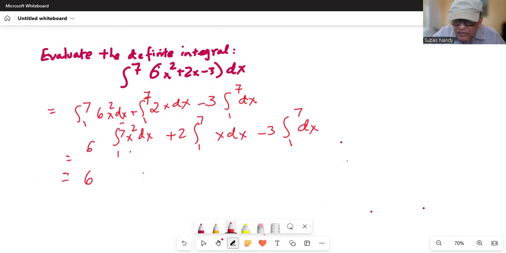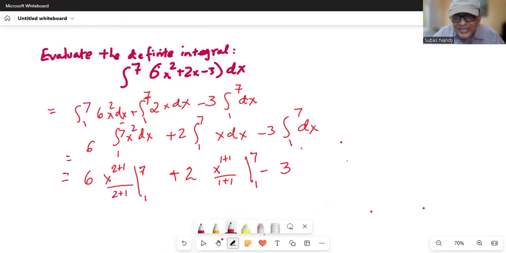So the first term will be 6 times x^(2+1) divided by 2+1, and the limits are from 1 to 7. Next term will be 2, and the x exponent is 1, it will increase by 1, so x^(1+1) divided by 1+1, same number, and the limits of integration are from 1 to 7. And minus 3, now this is 1 times dx. Integration of 1 is x, but the limits of integration are from 1 to 7.